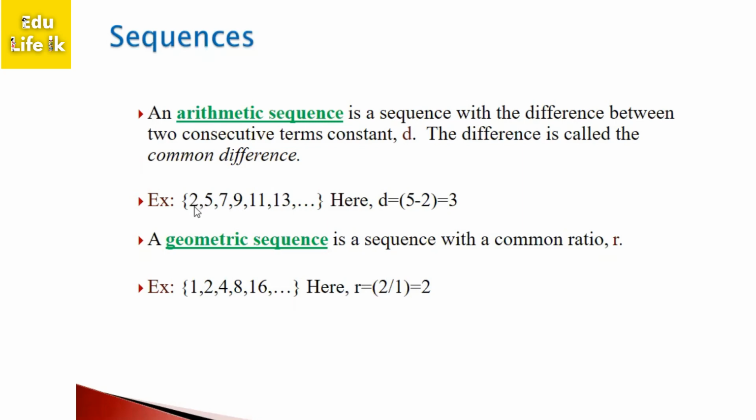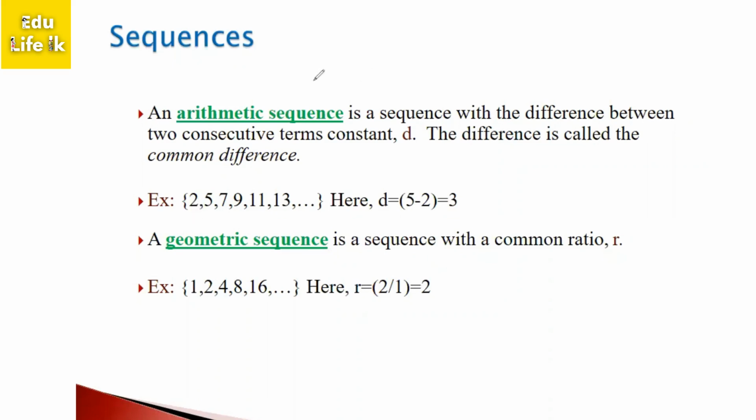The first term must be 3, then 5 minus 3 equals 2, 7 minus 5 equals 2, 9 minus 7 equals 2, 11 minus 9 equals 2, and 13 minus 11 equals 2. So the common difference here is 2, not 3.